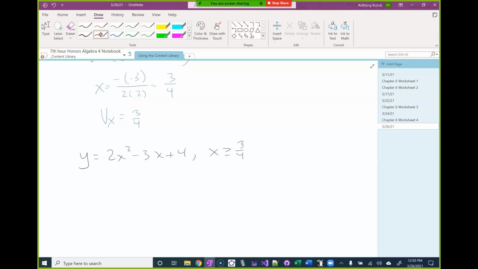Here's what I'm going to do: subtract y from both sides so that it's equal to 0. There's your hint. Now what do you want to do?